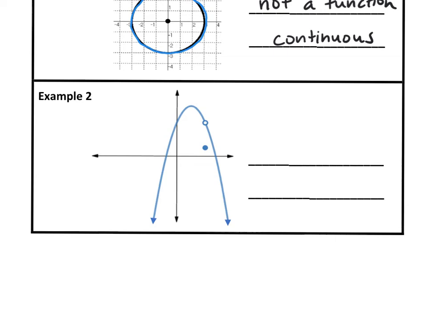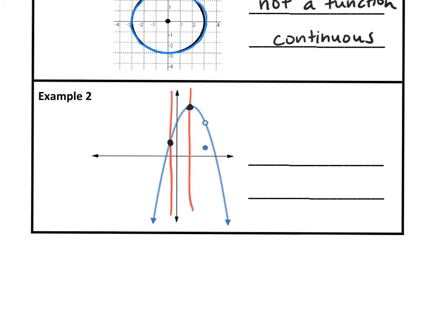So let me draw a vertical line, maybe a horrible vertical line. Okay, let me draw one there. All right, so how many times did it hit the graph? Just one time, right? What if I draw the vertical line here? One time again.